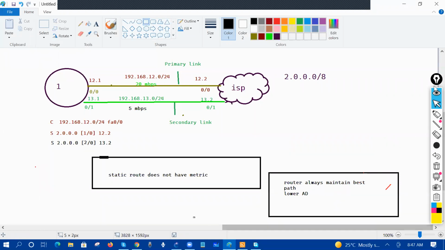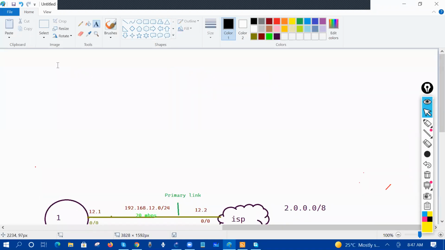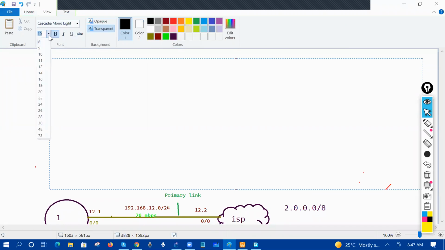So guys, one more thing that you have to write down right now. I will explain this part when I come to the dynamic routing protocols, in the redistribution part.